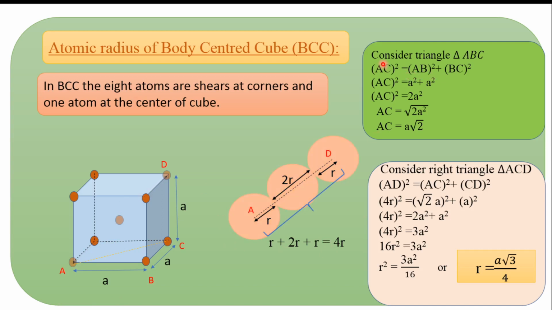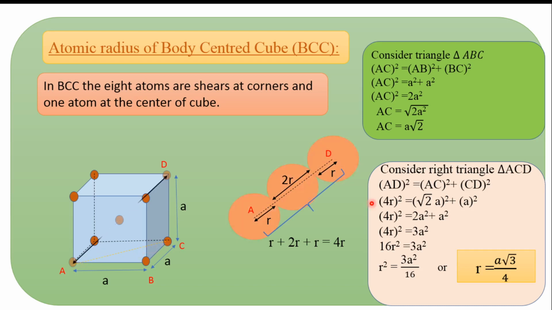Now we will consider triangle ACD. The CD distance we are familiar with, that is A, and the A to D distance is 4R, but we are not familiar with the A to C distance.